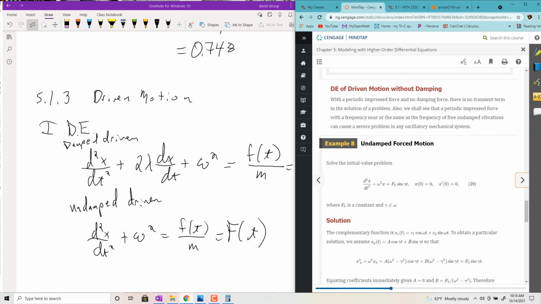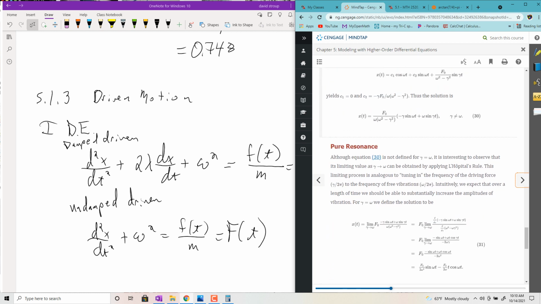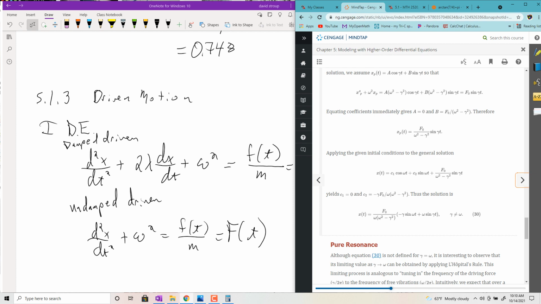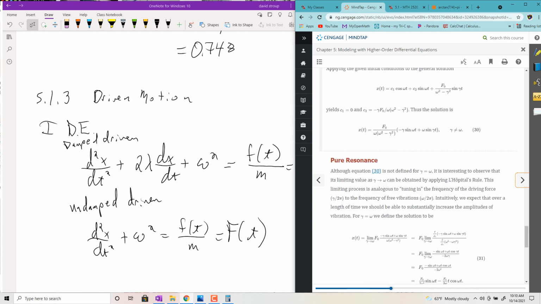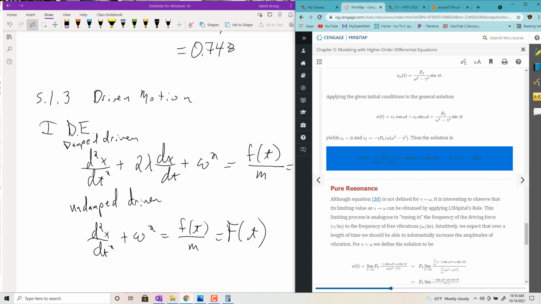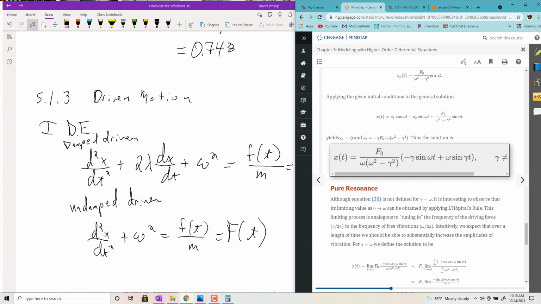Okay, so for driven motion without damping, what they do is produce a motion equation, just abstractly, and then they talk about pure resonance. If you look at the equation for motion in this case, it has that denominator omega squared minus lambda squared.